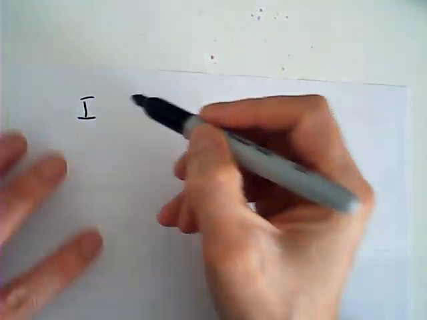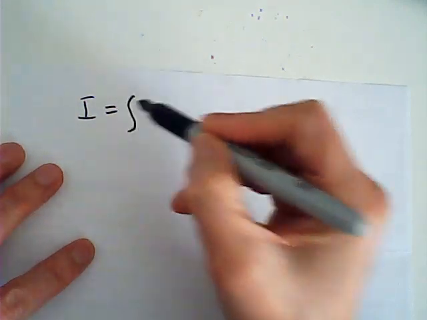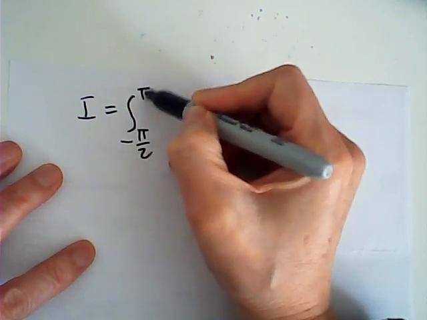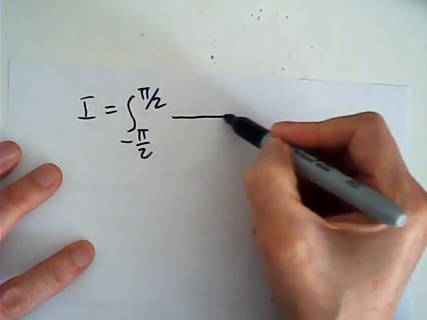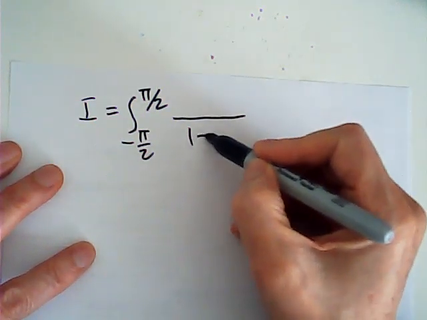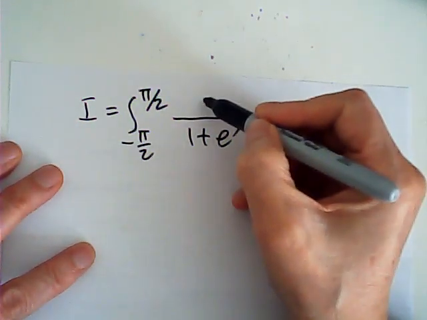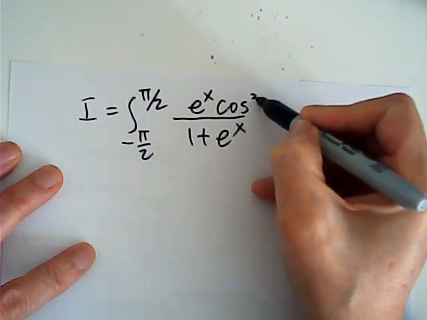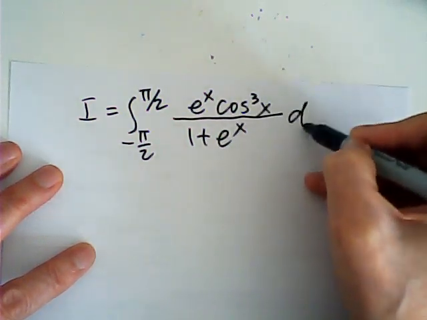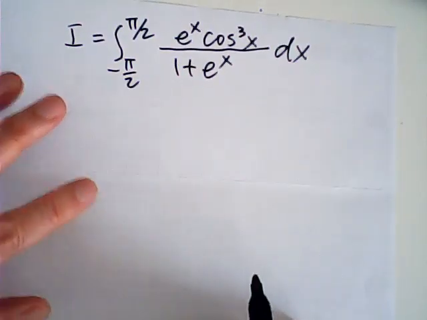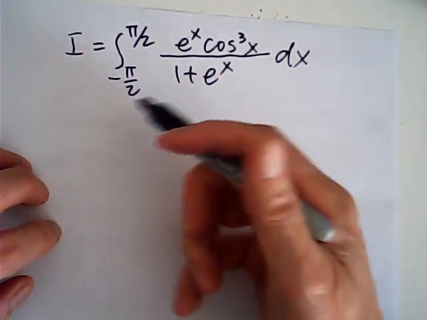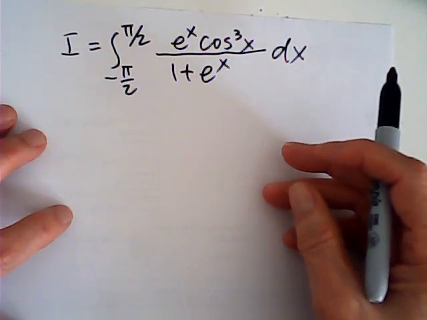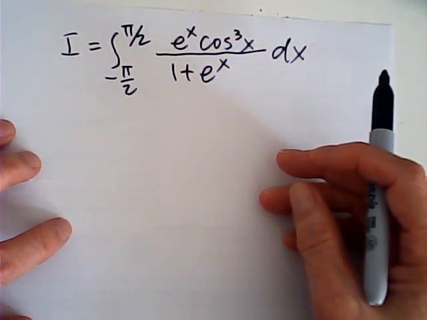This is I equal to the integral from negative half pi to positive half pi of e to the power of x cosine cubic x dx over 1 plus e to the power of x. All right, I did it, but this time I'm doing it slightly differently from the other method.